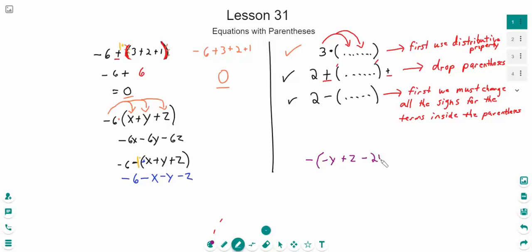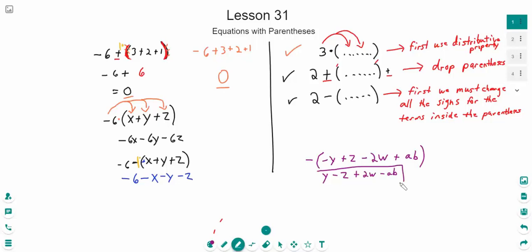So if I want to drop these parentheses, we notice that we have a negative sign out here. So we can drop the parentheses if we switch all of the signs inside the set of parentheses. This negative y is going to become a positive y. This positive z will become a negative z. Negative 2w becomes positive 2w, plus ab becomes minus ab. All right, and then that would be equivalent.